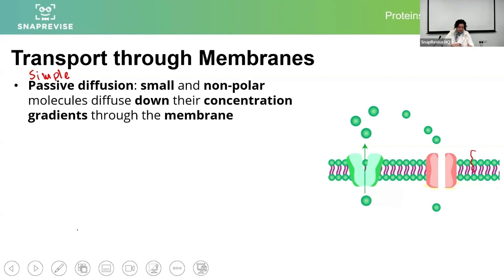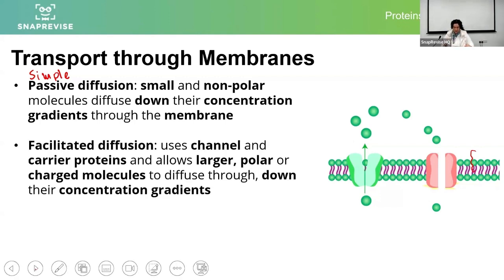We then have facilitated diffusion, which is diffusion again, right? So it's diffusion, so no ATP required. And again, molecules move down their concentration gradient. If it's diffusion, they're moving down their concentration gradients and they don't need energy.